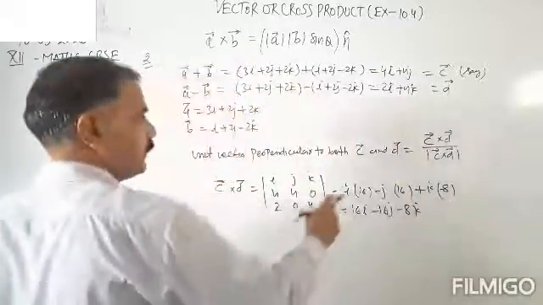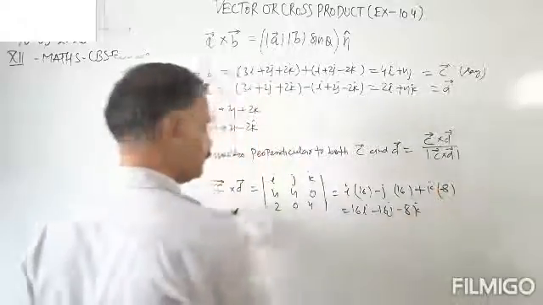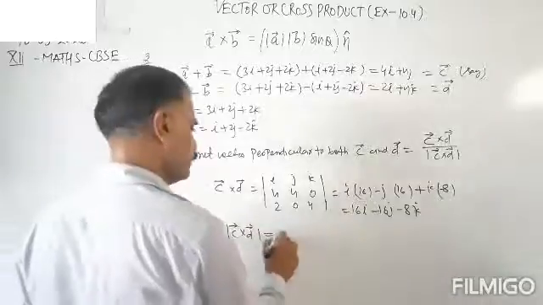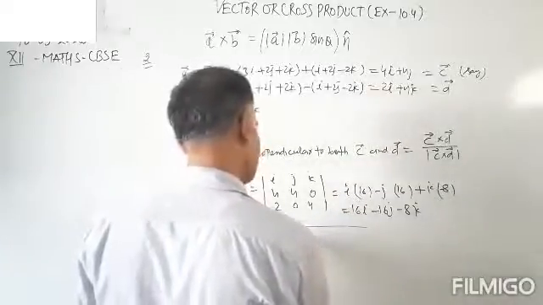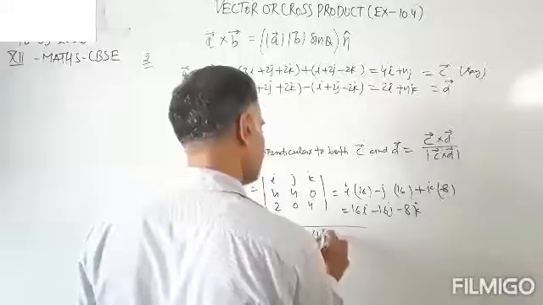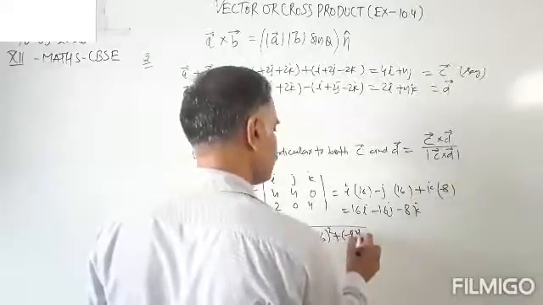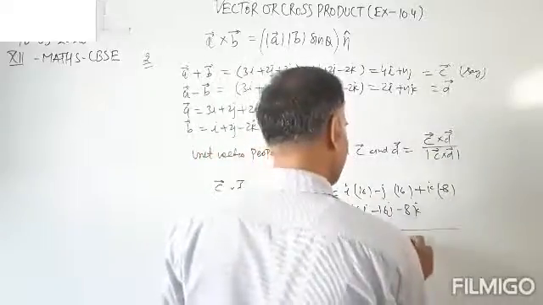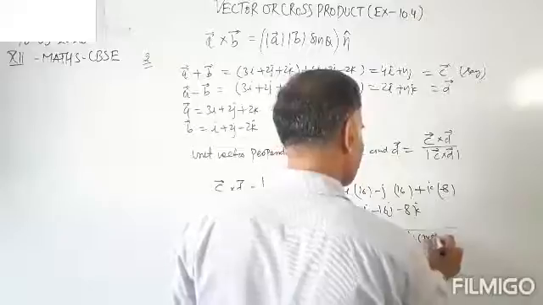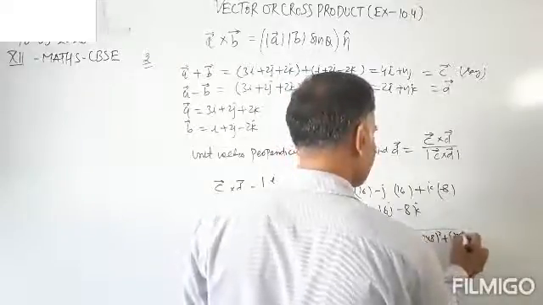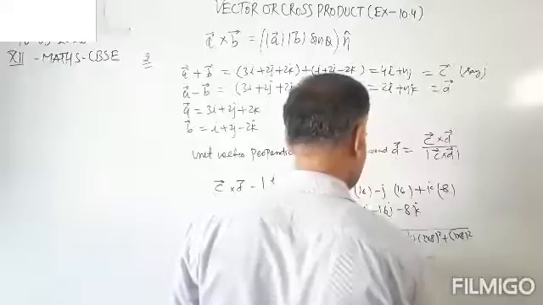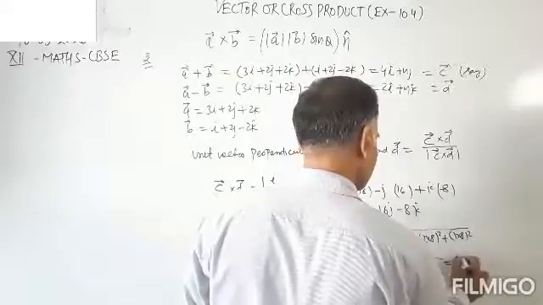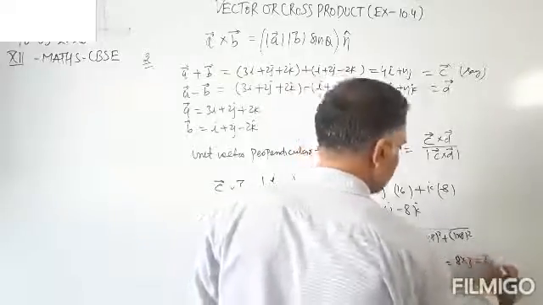Now finding the magnitude of this c vector cross d vector. The magnitude is equal to the square root of 16 squared plus (minus 16) squared plus (minus 8) squared, which is equal to 2 into 8 whole squared plus 2 into 8 whole squared plus 1 into 8 squared, which is 8 squared times (2 squared plus 2 squared plus 1), that is 8 into 3, which is 24.